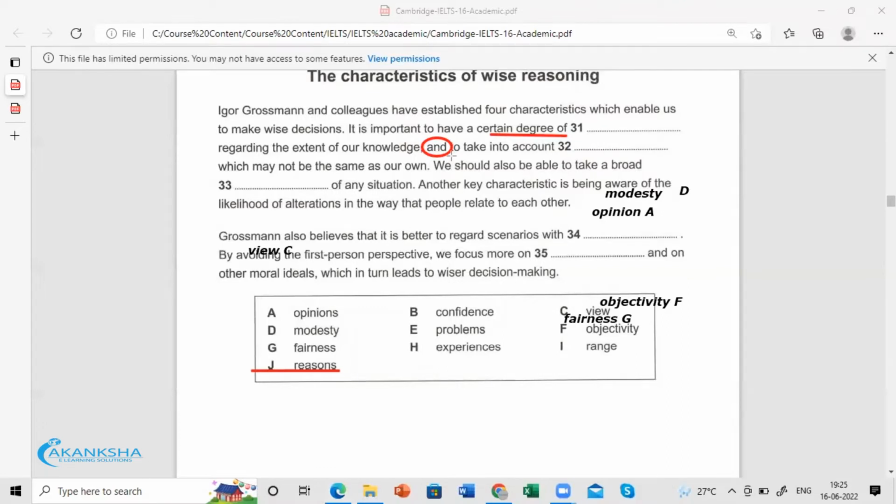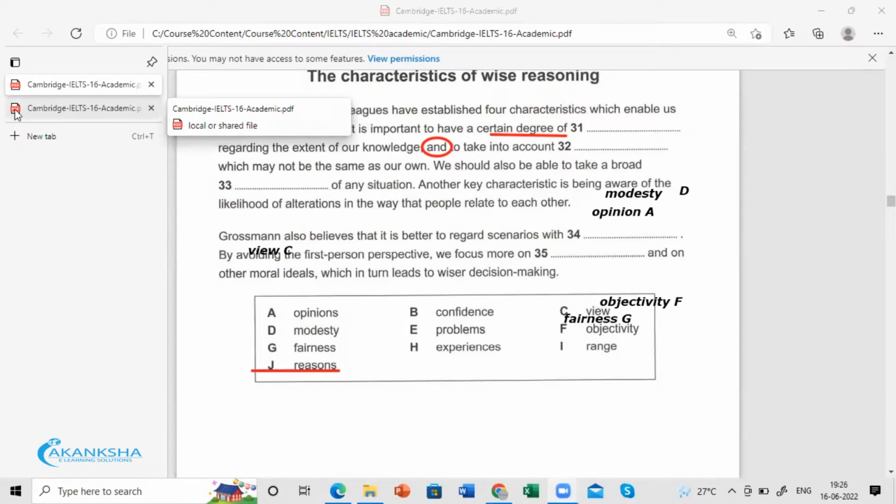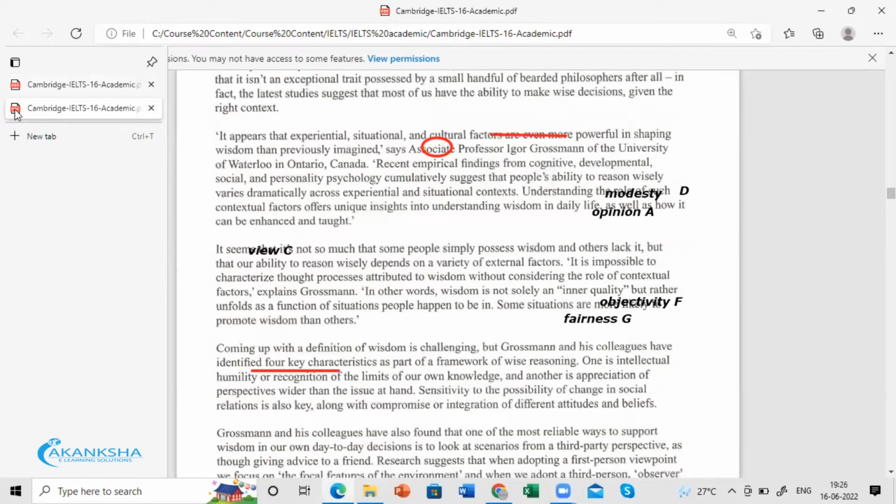So when do we use and here? We basically use them when we are actually connecting two similar ideas together. That's when you use and here. In the passage also, they would use the similar word, if not the same word as and, they may use a synonym of that.